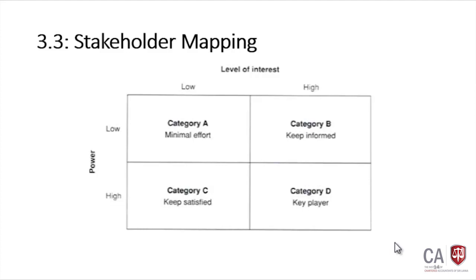If there is a stakeholder group who has low level of interest and low relative power, we call that a category A stakeholder in this model.